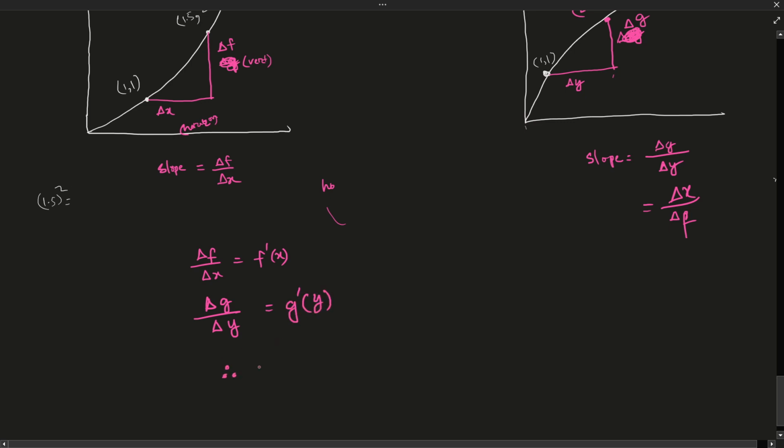So therefore we can say g prime of y is equal to 1 by f prime of x, যেহেতু এই দুটা হচ্ছে inversely. Proved.